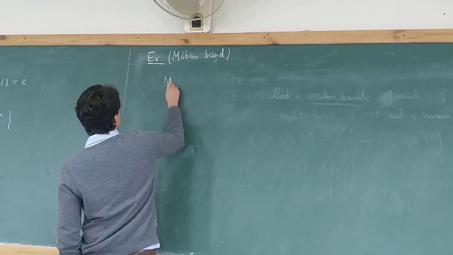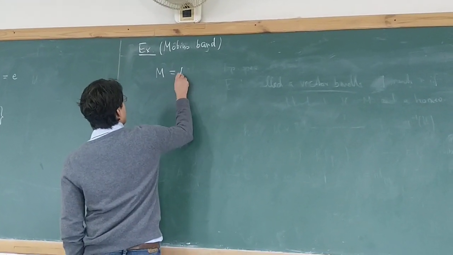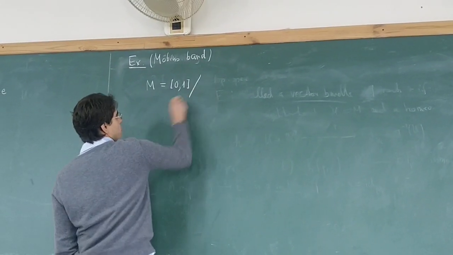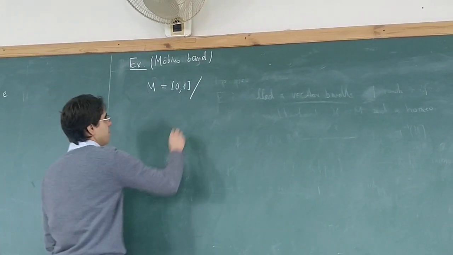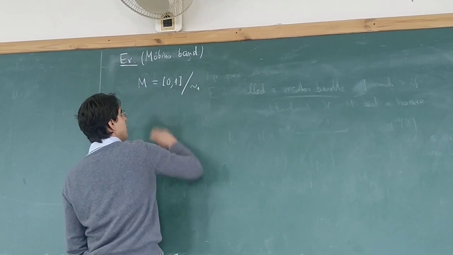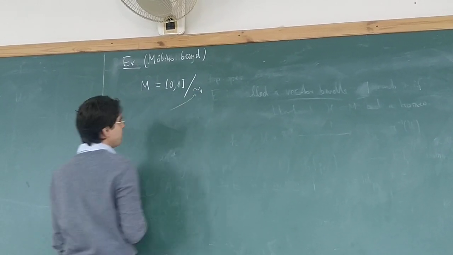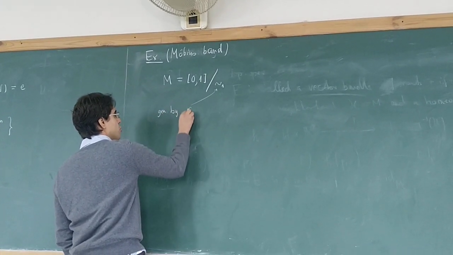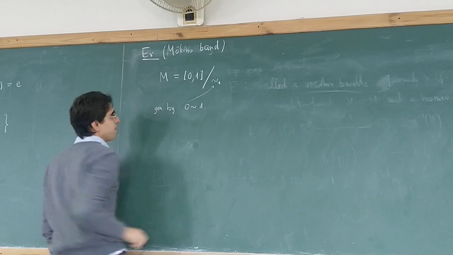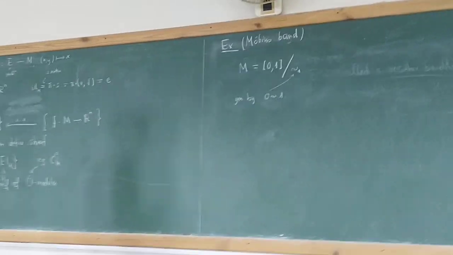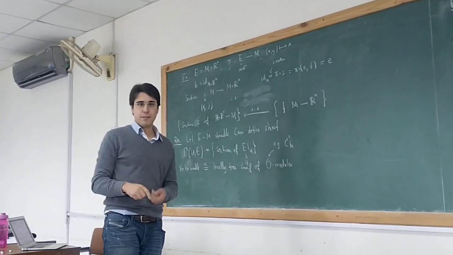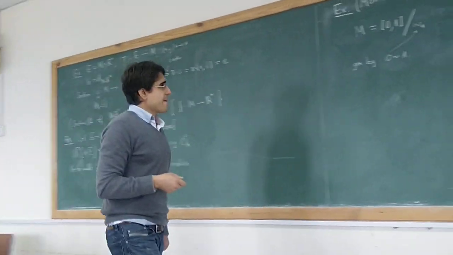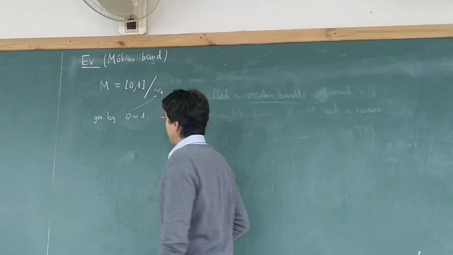The circle I will write now as [0, 1] modulo the equivalence relation, just a unit interval with the endpoints identified. This equivalence relation is generated by the condition that 0 is equivalent to 1. Of course, for an equivalence relation, you need it to be reflexive, symmetric and transitive.